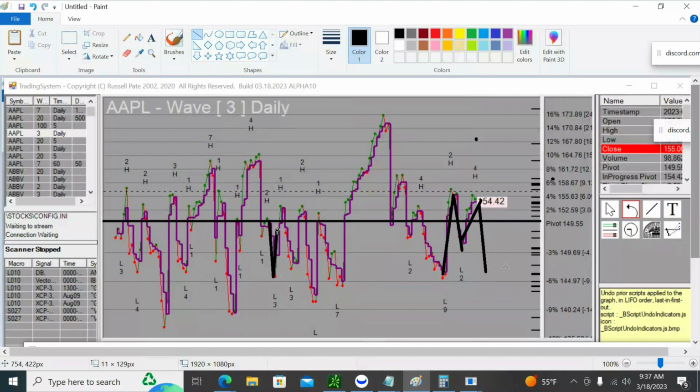If I see these, there's a failed W. It's failed because it didn't get above that high right here, and it came down. And then here's another failed W. To make it a good W, it's supposed to get above that high and keep running, which it didn't.